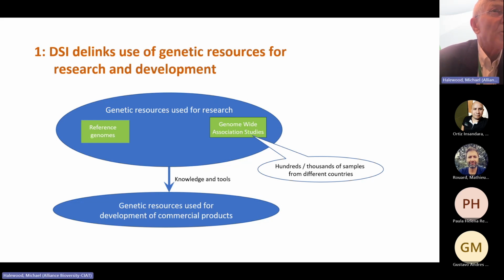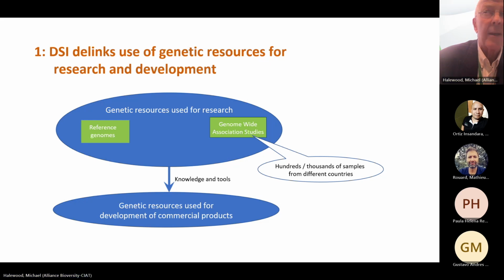Quite a small proportion of the genetic resources may go into those final products because you've put so much effort into identifying, creating the knowledge that you require to do that.